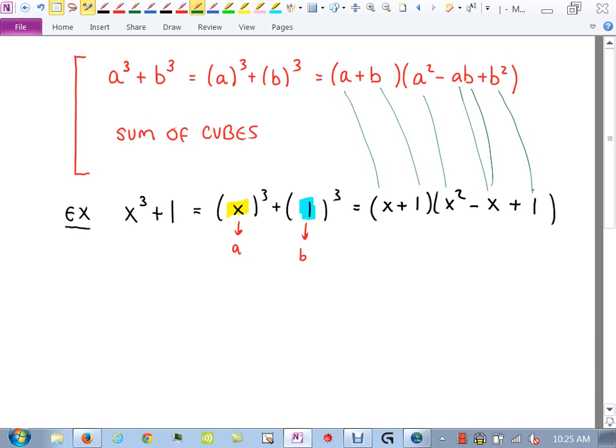Now, next class, we are going to talk about factoring three terms. And that's what we have in here, right? Right now, we haven't even looked at three terms. We've looked at four and we've looked at two. To do three terms, there's a whole technique for it. But let me tell you this. When you use a sum of cubes formula, this three-term polynomial will never factor.